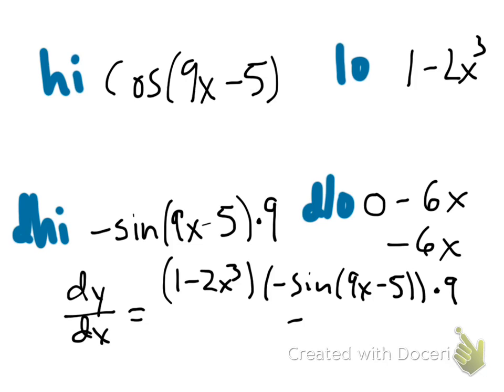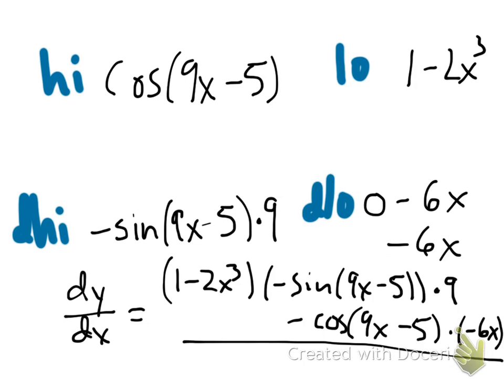Minus high d low, so there's the cosine 9x minus 5 times minus 6x, all over, so that's all one line, low squared, so 1 minus 2x cubed all squared, and away we go. Low d high minus high d low all over low squared, and away we go.